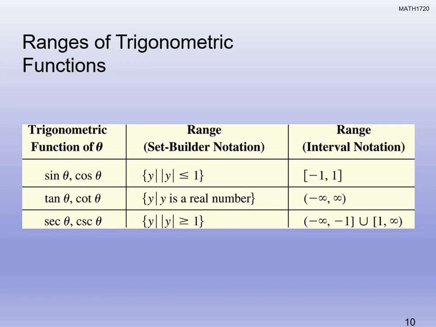Now, what's the difference between brackets and parentheses? Brackets mean we include the value, so it can equal that value. Parentheses mean we get really close to that value, but it can never be that value. So that's how we denote if we need to use parentheses or brackets.